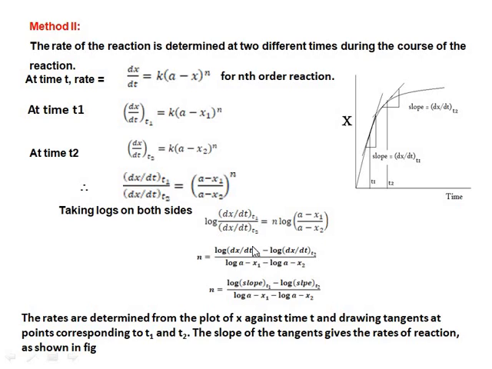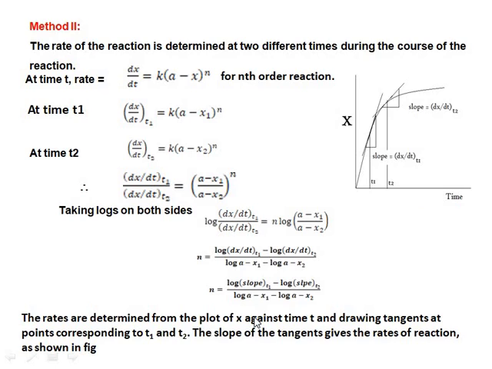Then according to the rule of logarithm, what is the next step? This is the next step: log of (dx/dt)t1 minus log of (dx/dt)t2 upon log of (a minus x1) minus log of (a minus x2). Then these values of (dx/dt)t1 and (dx/dt)t2 are obtained from the graphs, by plotting x against t.